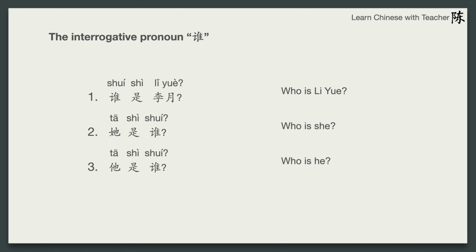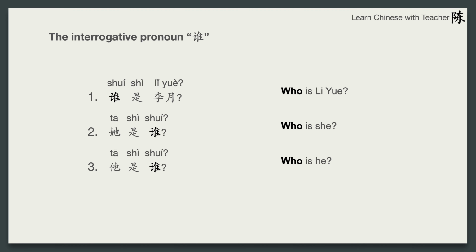Now we'll learn how to ask a question with shui, who. Let's first read these sentences. 谁是李月？他是谁？他是谁？ Regarding 谁 who, how do we ask a question with who?